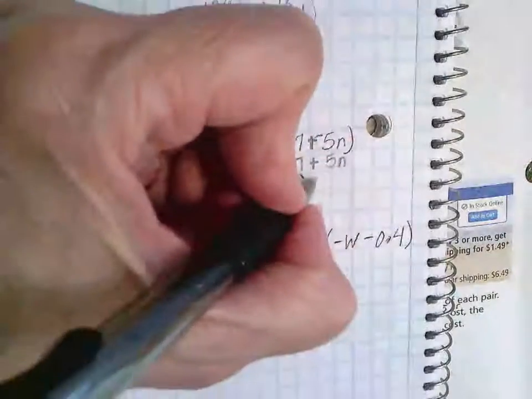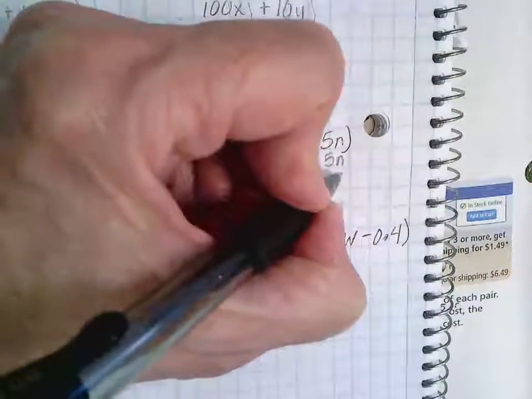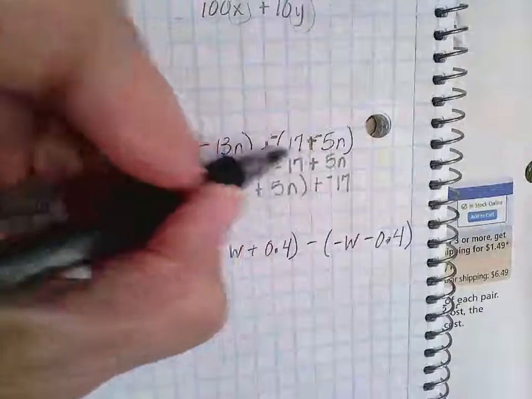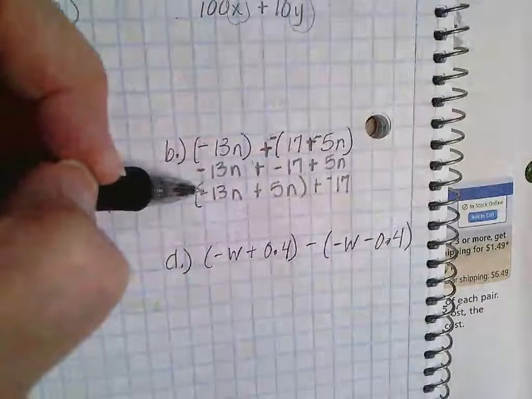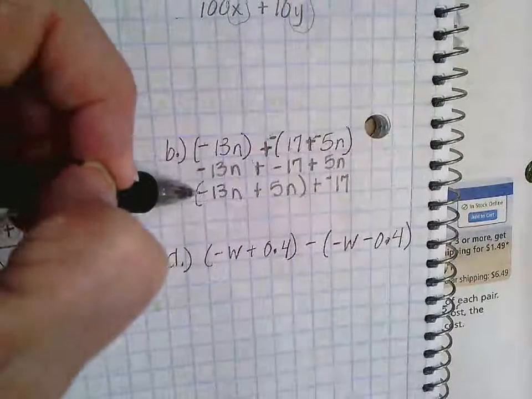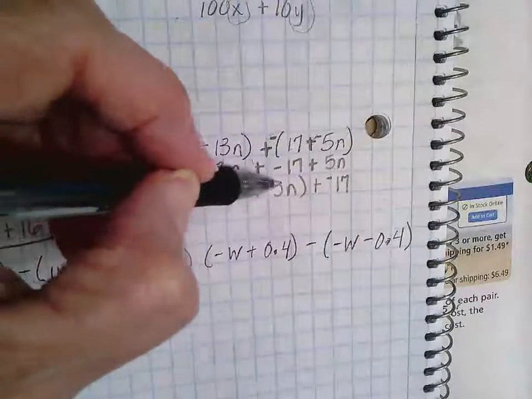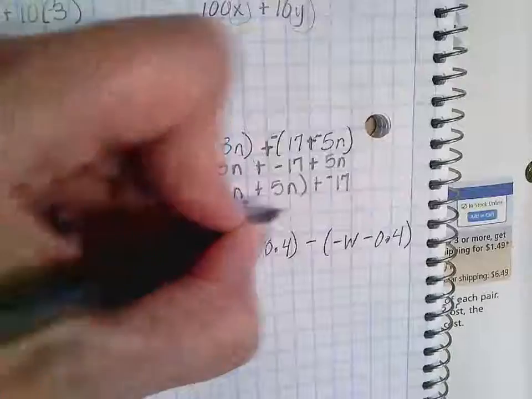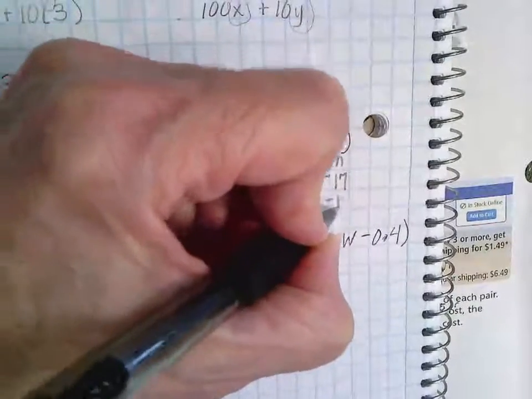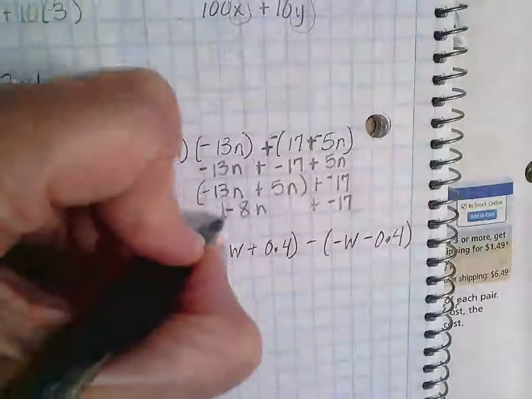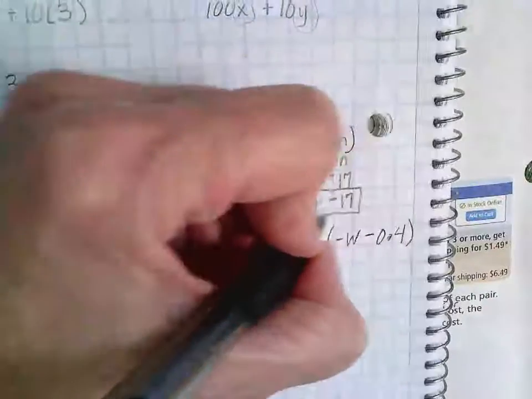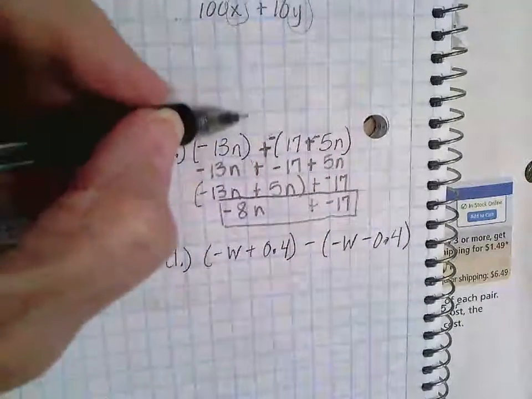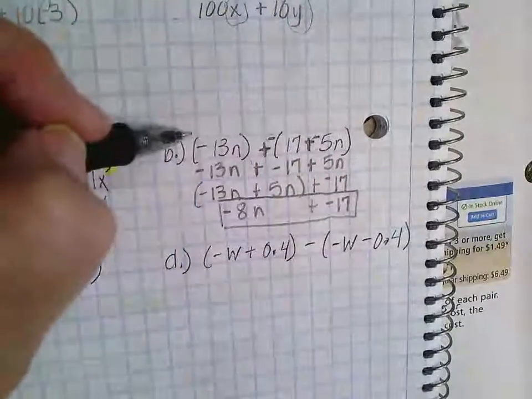Then I'm going to add a negative 17. I don't have any other constants in this expression. So a negative 13n plus a positive 5n is a negative 8n plus a negative 17. And that is my simplified expression when I subtract this expression from this one.